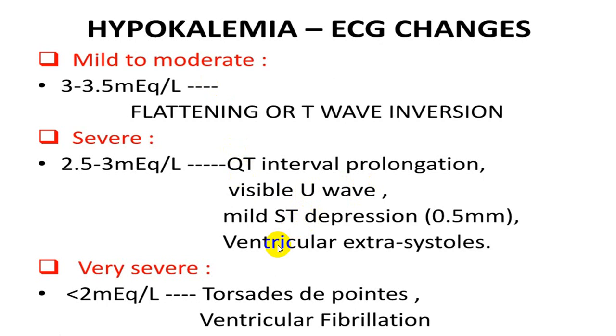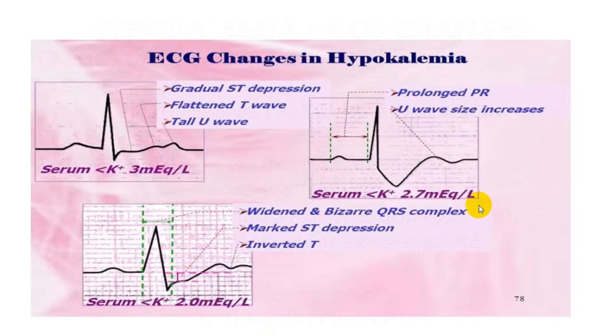Now the person starts getting ventricular arrhythmias like extrasystoles, tachycardia, atrial flutter, fibrillation, and when it is very severe, if the potassium is less than 2 milliequivalent, torsades de pointes, and the person can go into ventricular fibrillation. So: ST depression, flat T wave, tall U wave.